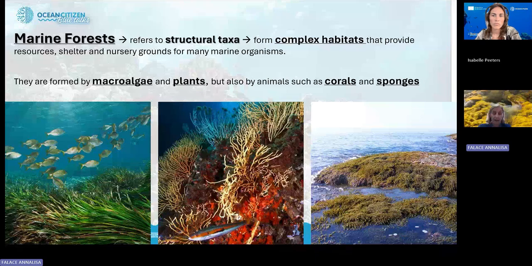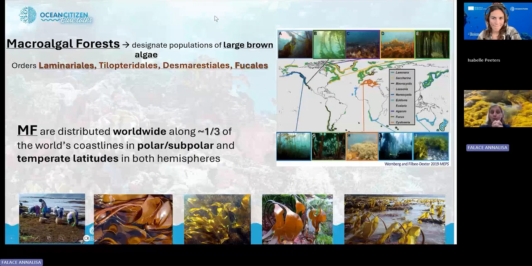When we talk of macroalgal forests, we refer to large brown algae that belong mainly to the Laminariales and Fucales orders, but also to others, and they are distributed worldwide from cold to temperate latitudes in both hemispheres. So they are very well distributed.